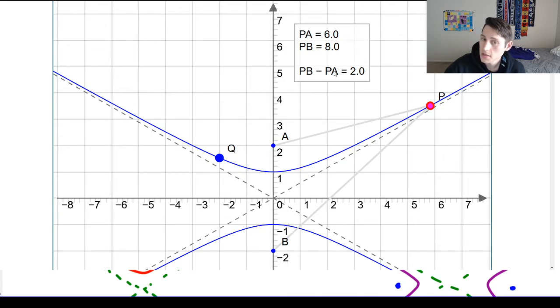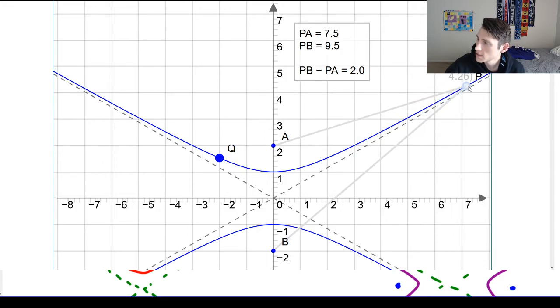And then here it tells us the difference. So if I subtract them, right now I get 2. As I move this point, those distances change, but look, PB minus PA stays 2. No matter what these distances are, if I subtract them, I always get 2.